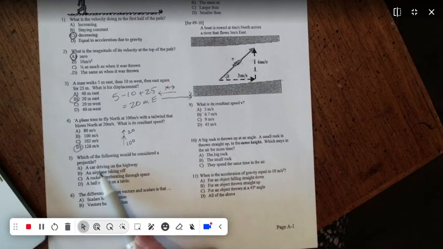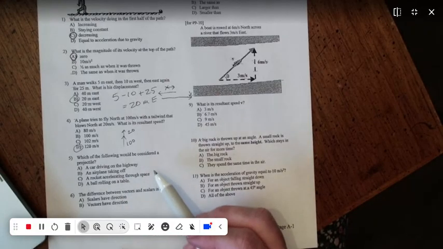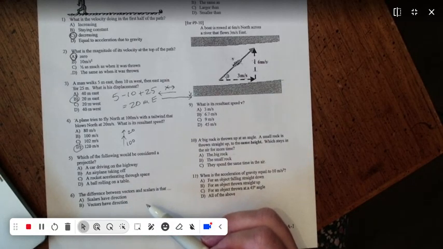Which would be considered a projectile? A car driving, an airplane taking off, a rocket accelerating through space, a ball rolling on a table. A projectile is an object in free fall. Only gravity is acting on it.